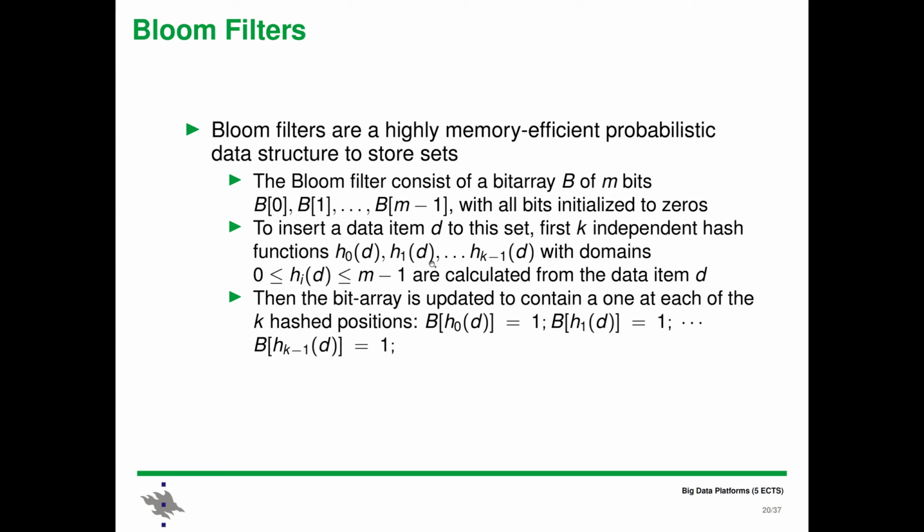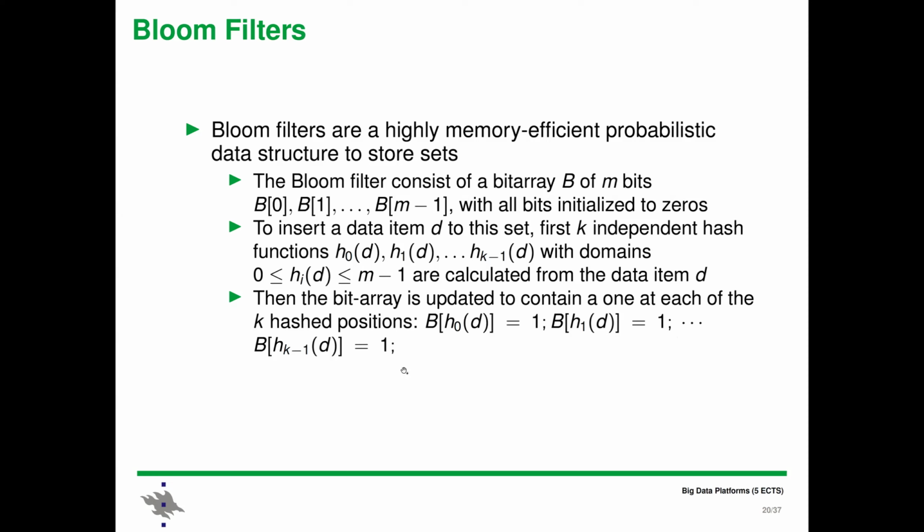So you basically get two numbers if k equals 2. And these two numbers are in the range from 0 to m minus 1, to be indexes in this Bloom filter. Now, to add a data item to the Bloom filter, you take the bit at the index position given by the first, or 0th, hash function and set it to 1, and you take the index given by the second hash function and set it to 1 as well.